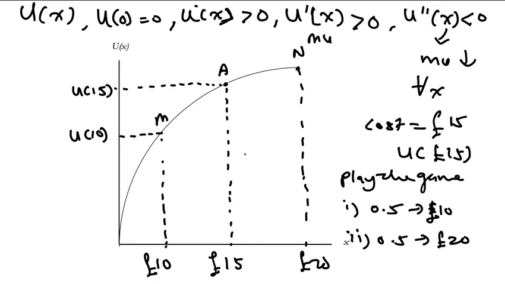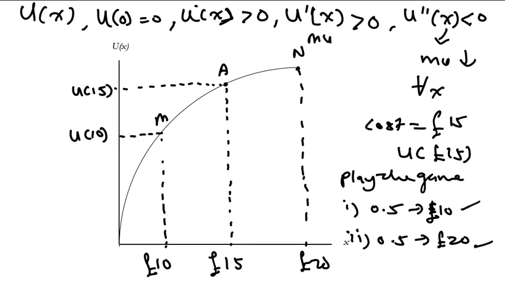Because it involves probability, we are not certain about the outcome or the payoff. But we know the expected value, or the expected payoff, from playing the game, because we can either receive 10 or 20 quid.